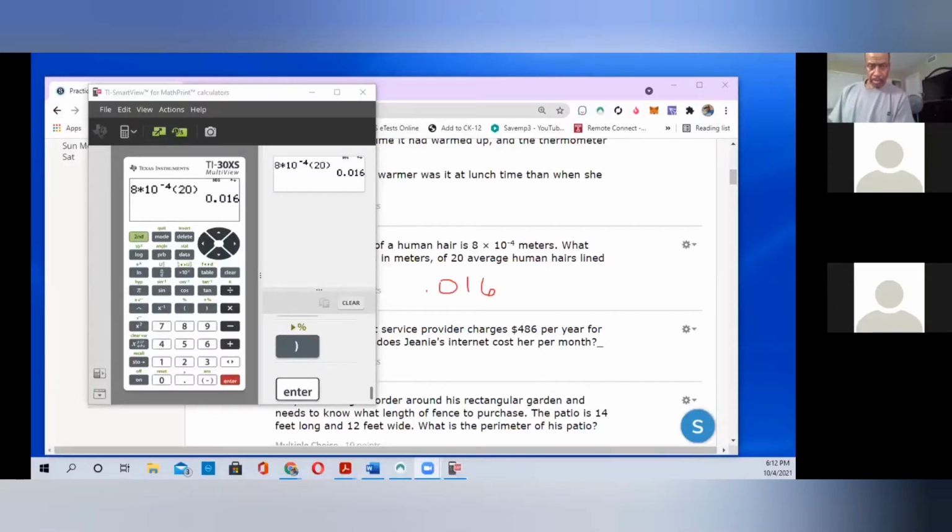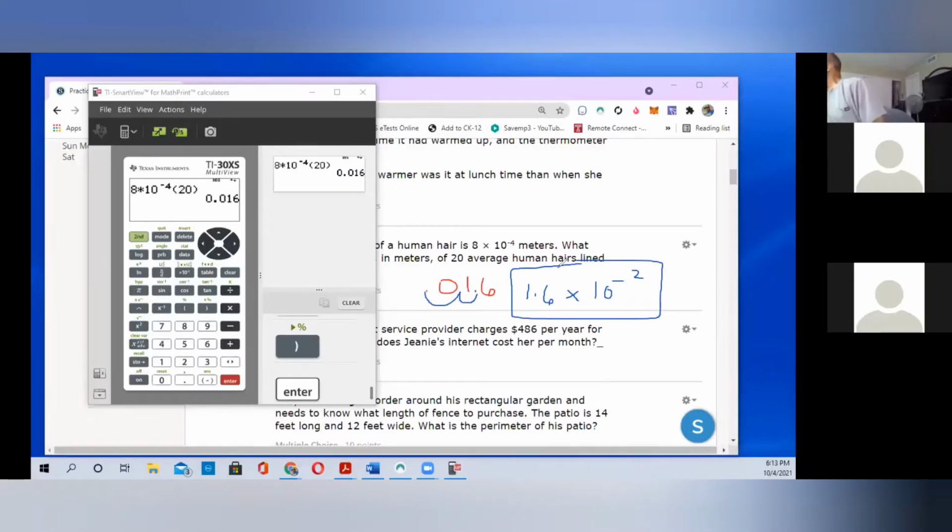So in order to change this to scientific notation, we're going to take it 1, 2. So now we have a 1 in the ones place. So this is 1.6. And since we moved the decimal to the right, it's 10 to the negative 2. So that will be your answer in scientific notation.